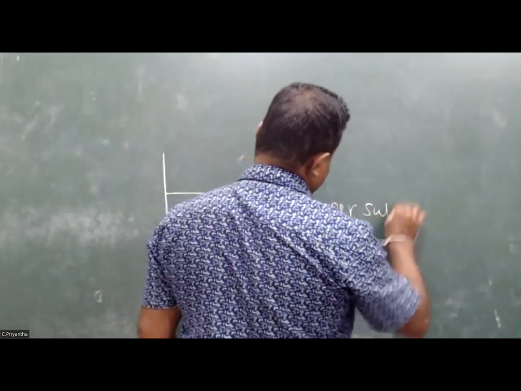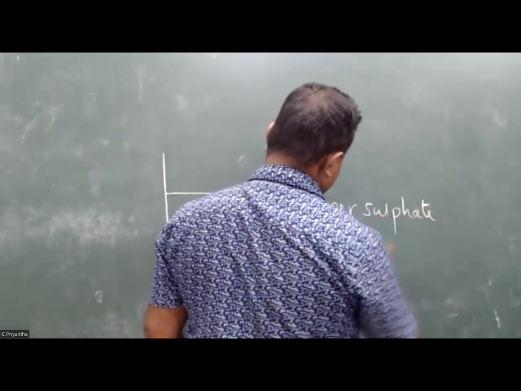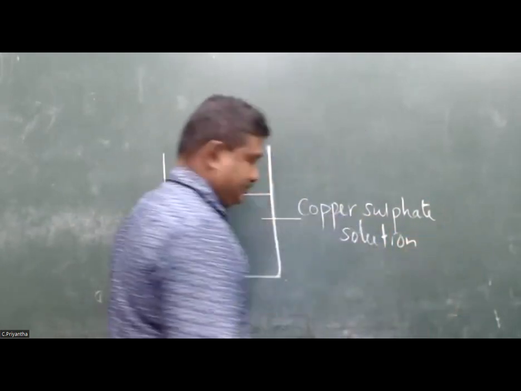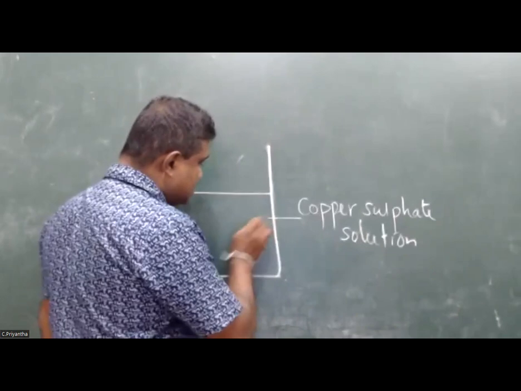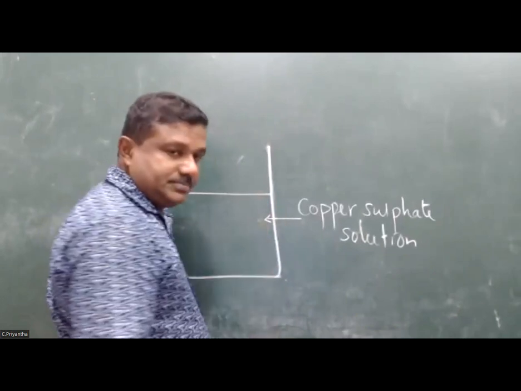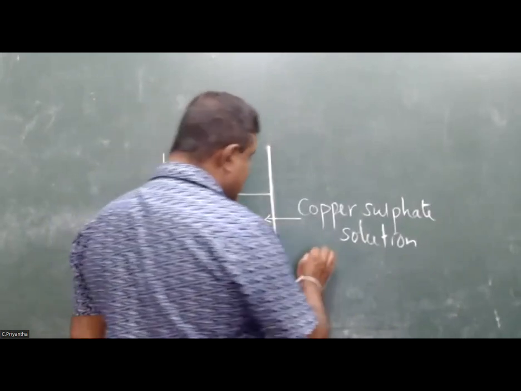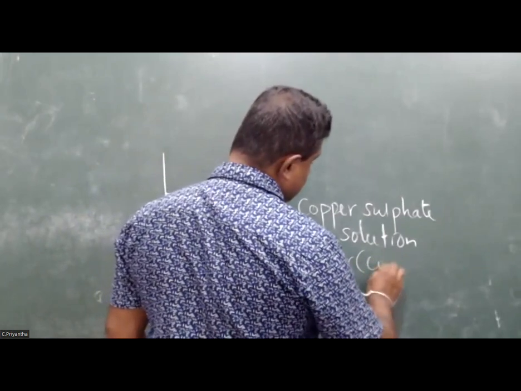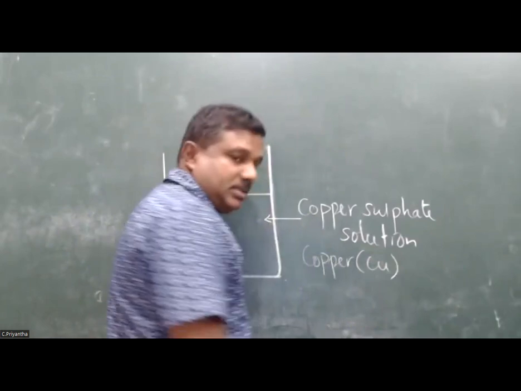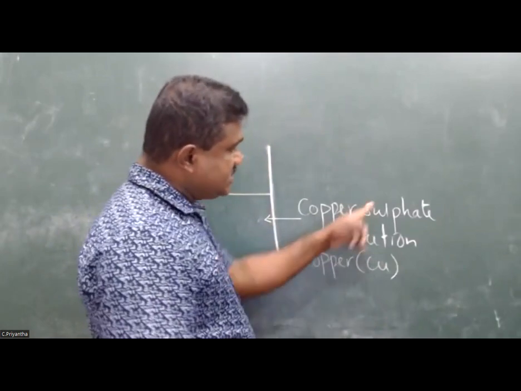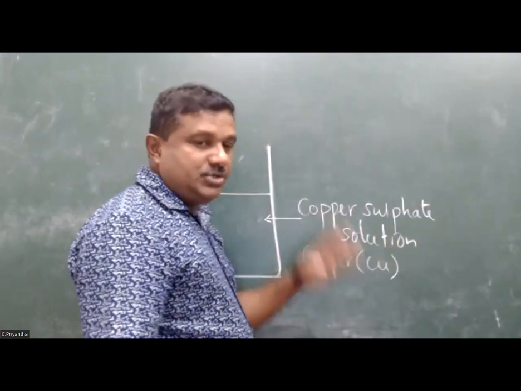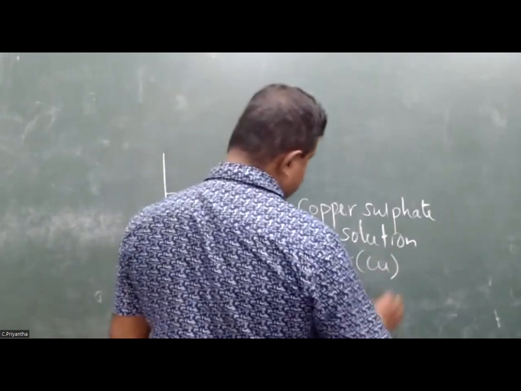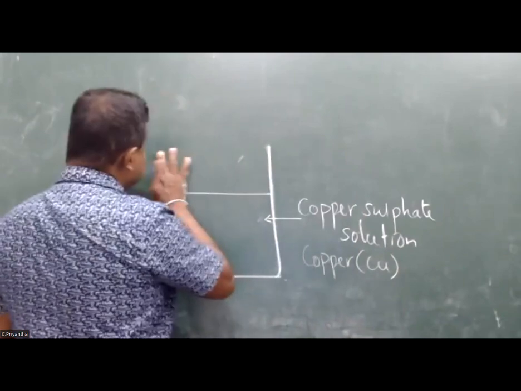Copper sulfate solution. This copper sulfate solution contains copper metal, Cu, and sulfate and hydrogen or something. Both copper metal. And here listen to me.